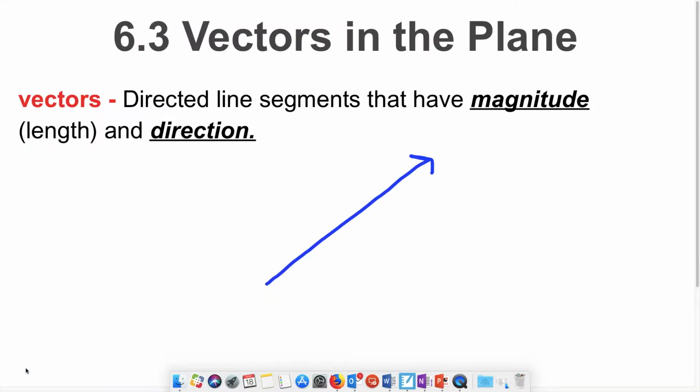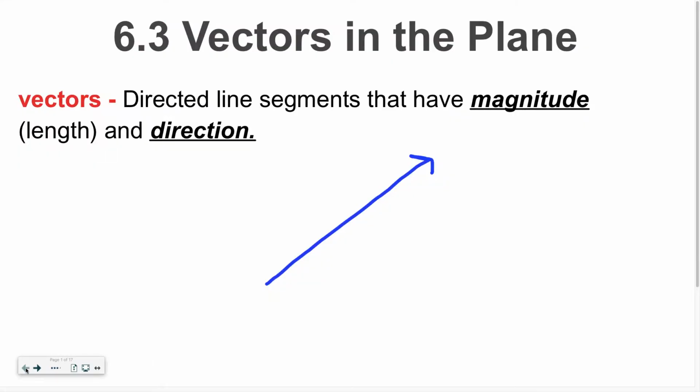Real quick, let's come back to here. Something that we're going to talk about here pretty soon, I want to have some vocabulary. So right next to your first definition, a vector is a directed line segment. Please draw this picture where this is the initial point of the vector and this is the terminal point of the vector.